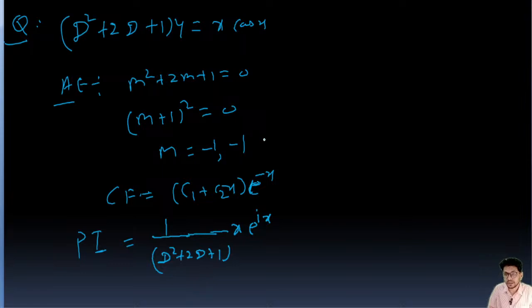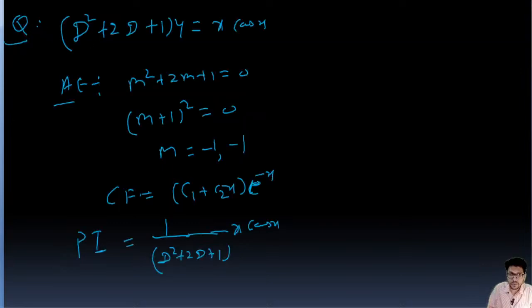Or we can write first e to the power just cos x. Okay, cos x. So then the PI is going to be similar, right? So if cos x is e to the power iota x, right?